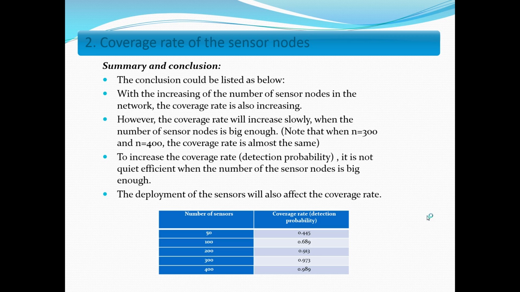To increase the coverage rate, it is not quite efficient when the number of sensor nodes is big enough. Deployment of sensors will also affect the coverage rate. Here I give a table to show that when the number of sensors is 300 or 400, the probability is almost the same.